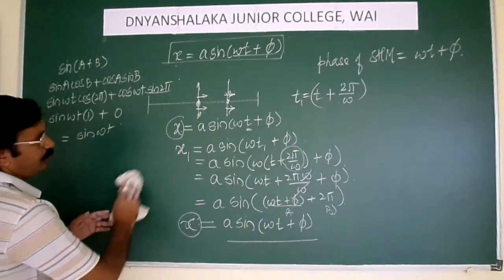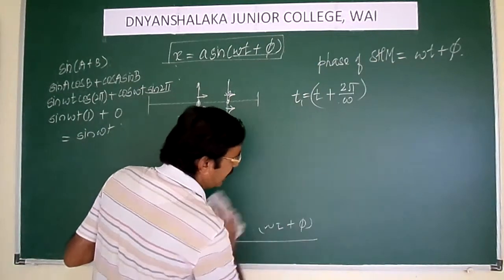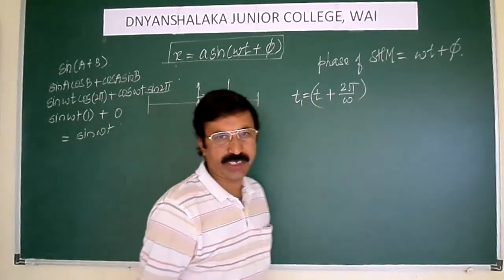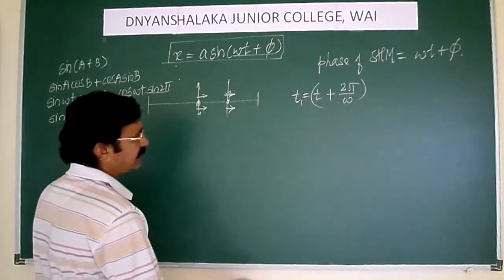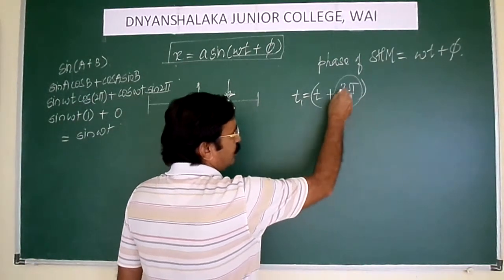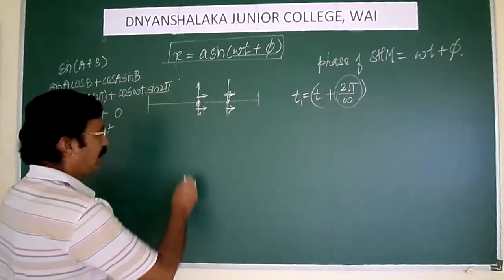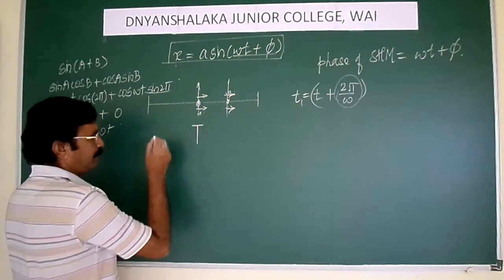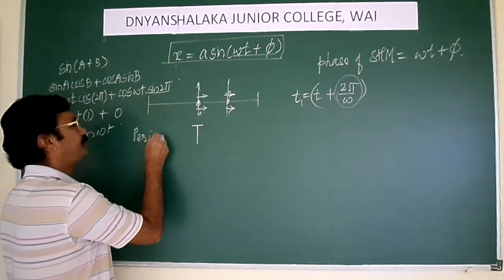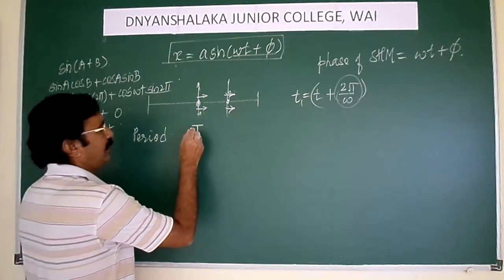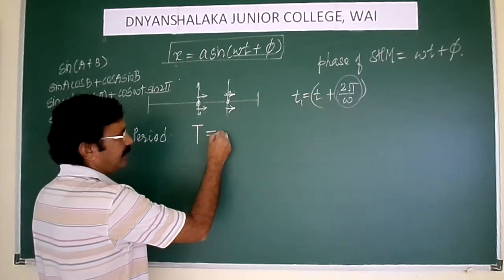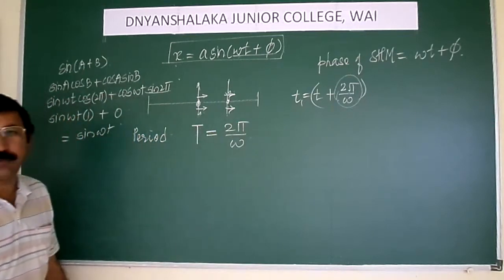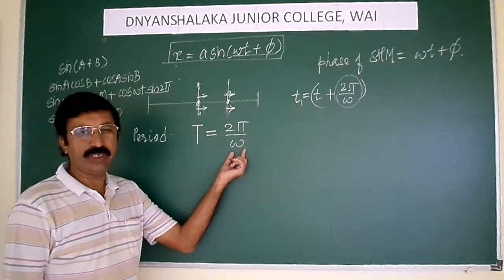And so, as the particle returns to the same state of vibration after the time t is equal to 2 pi upon omega, this is called the period of SHM, and the period of SHM, which is denoted as capital T, is 2 pi upon omega, where omega is angular velocity.